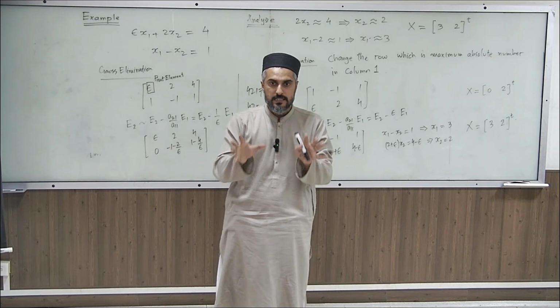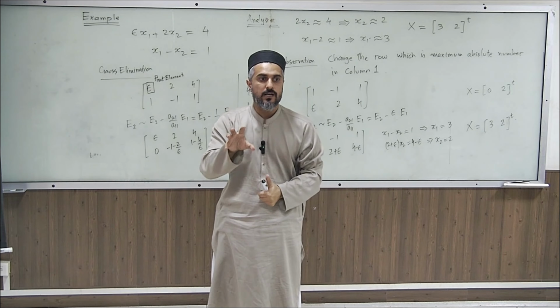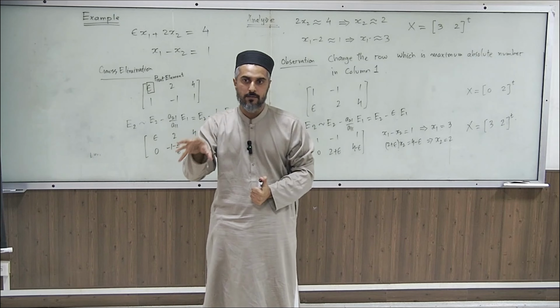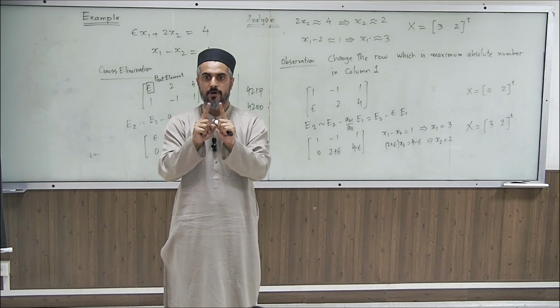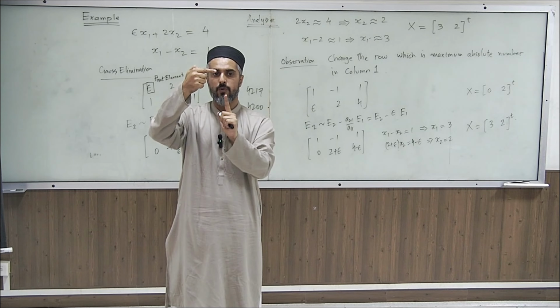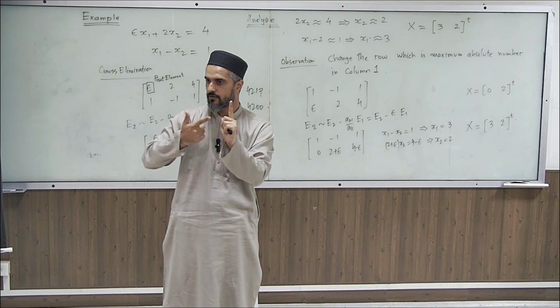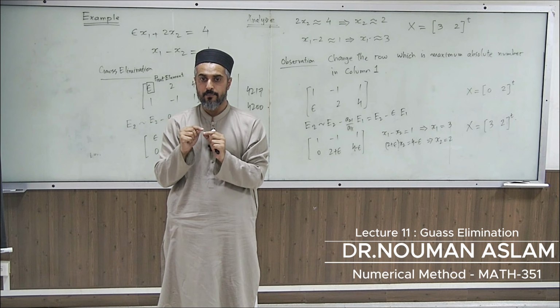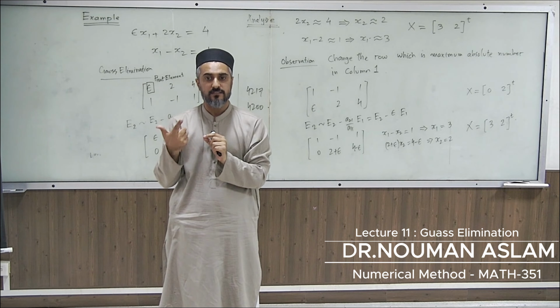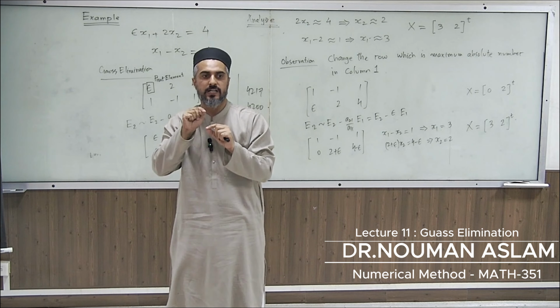So this particular observation is to be done at every pivot element. For example, if we are at the first element, we have to see what is the biggest element below it in column number 1. We'll change that row. If we come to the second pivot element, we'll see what is the absolute maximum number below the pivot element.